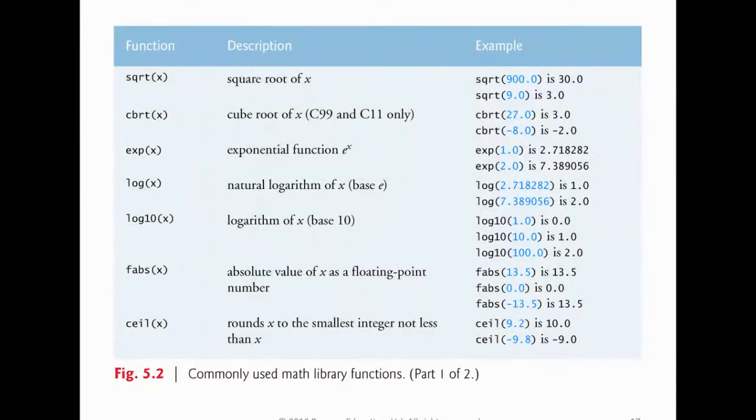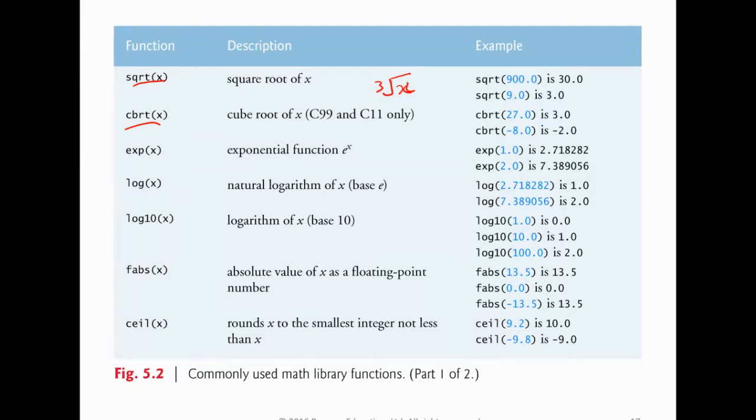Now, here is a list of all the functions from the math.h library. You have the standard square root method. You have cube root, which is the third, 1/3 power of a variable.